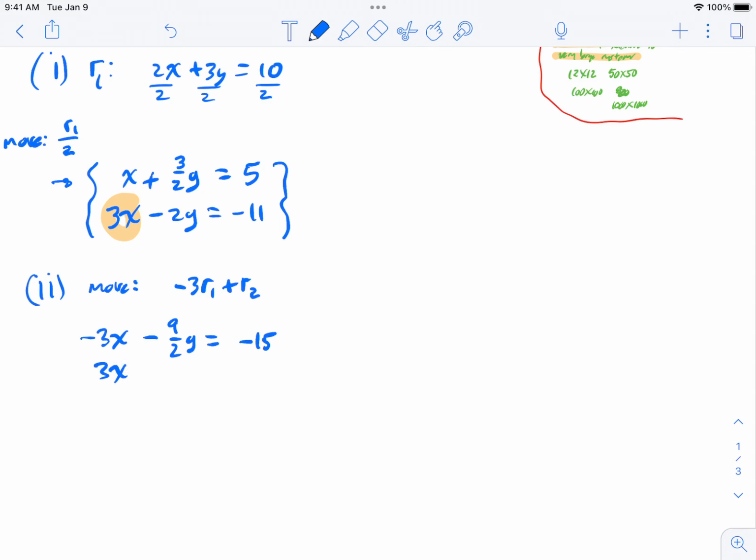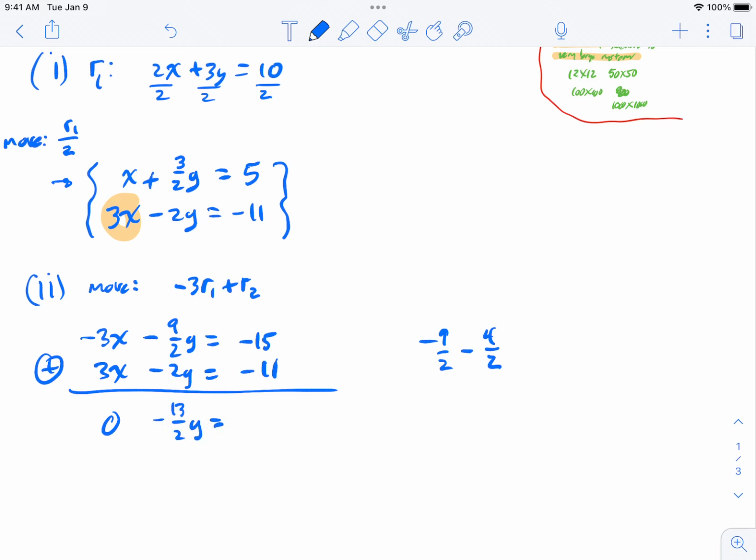Row 2 as is. So we'll just copy that underneath here. And now we can add these things. And lo and behold, the x terms go poof. Cool. Now let's see, negative 9 halves minus 2. Well, 2 is 2 over 1, which is the same as 4 over 2. So we get a negative 13 halves y, and then over here that's a negative 26. That's our new and improved row 2.